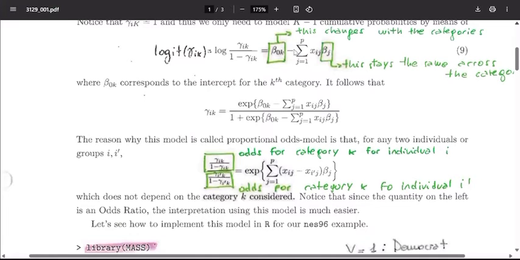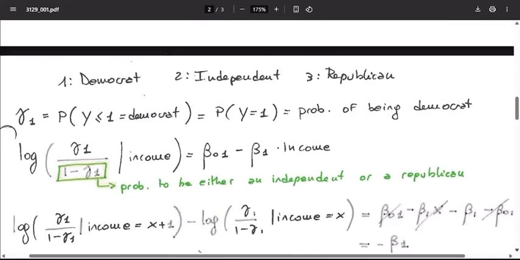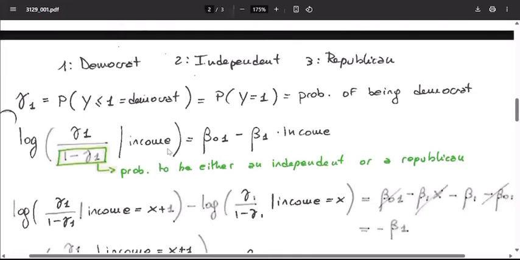Can you see equation 9? The intercept minus, not plus. The minus comes from the model naturally, and that is why you see this here. So you can read the intercept, and you can read the income right here.